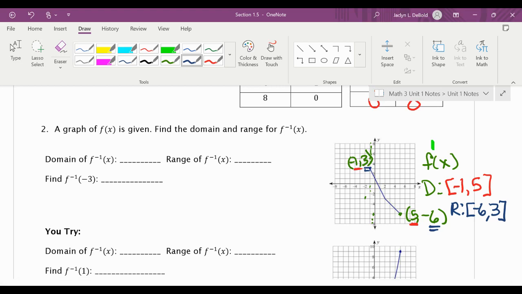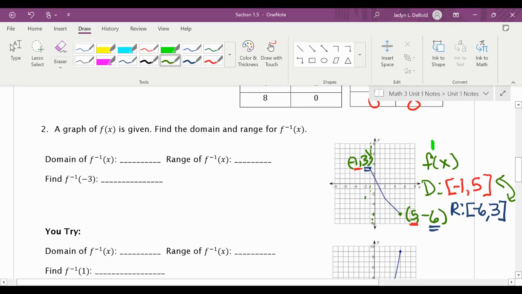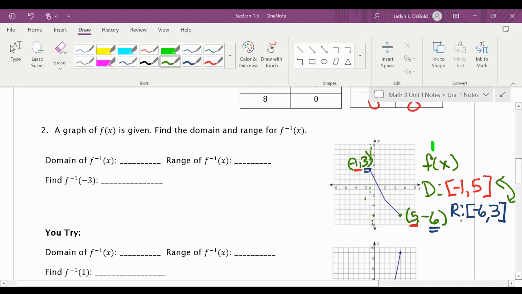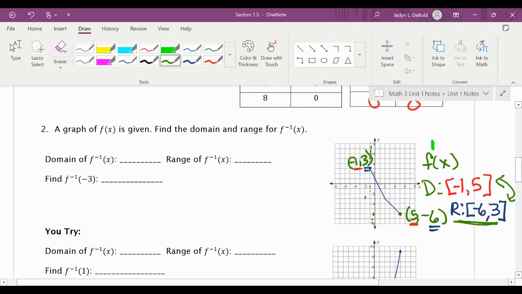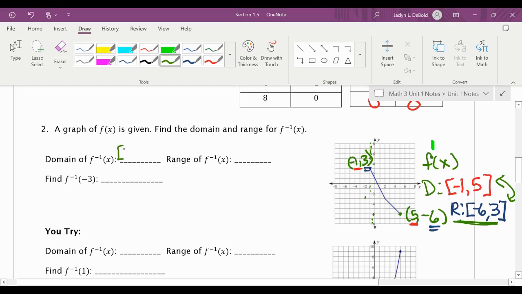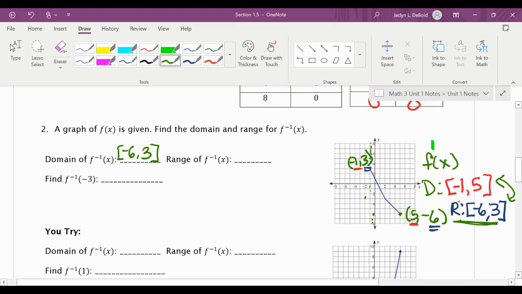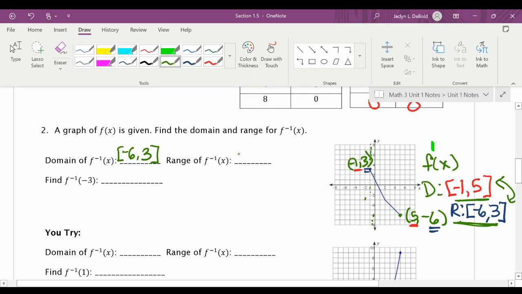So if the question is asking what the domain and range is for our inverse, all we really have to do is flip these around. If the range for our original function is -6, 3, that now becomes the domain for our inverse. If the domain of our original function is -1, 5, that now becomes the range for our inverse.